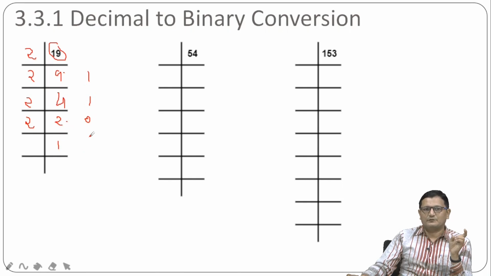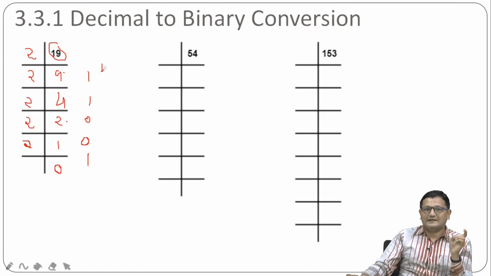So, 2 1s are 2, so there is no remainder, that is why we will put 0 here, okay. Now, 2 zeros are 0, but you need to bring 1. So, obviously this 1 will be a remainder, okay.